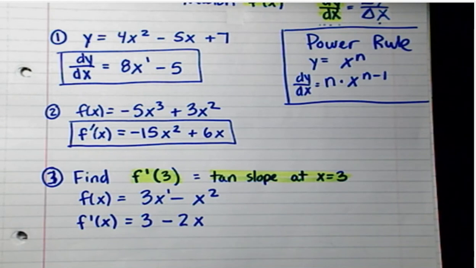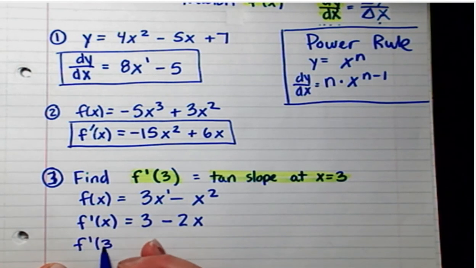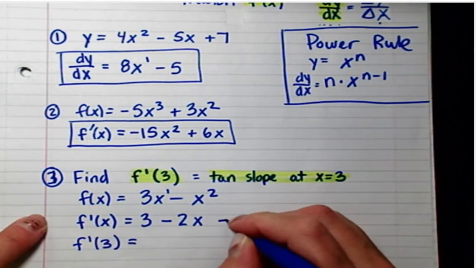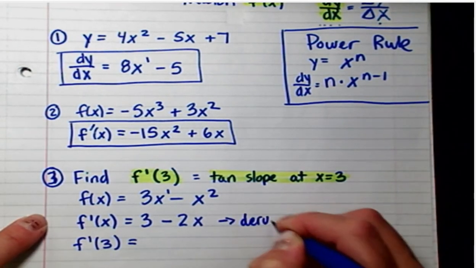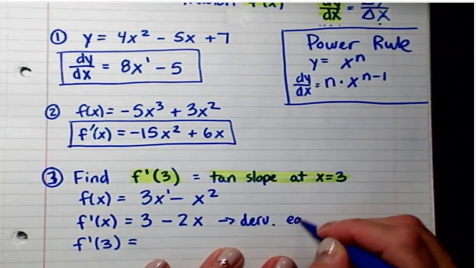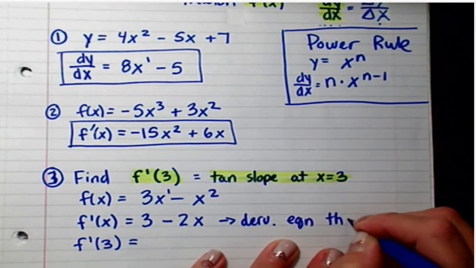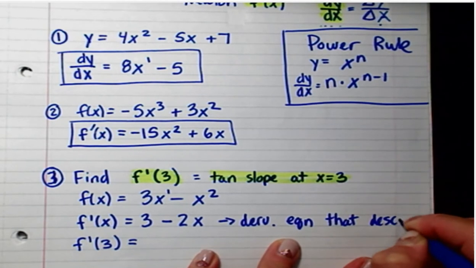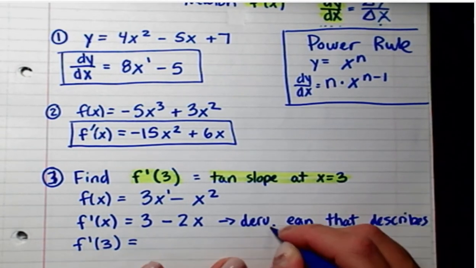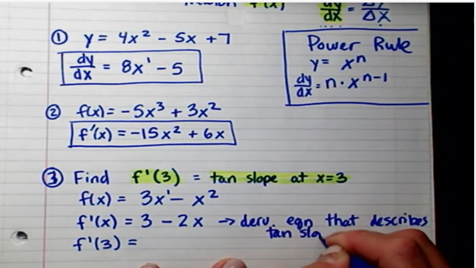Step number 1. Now I plug in 3, because this is the derivative. This is the equation that describes tangent slope.